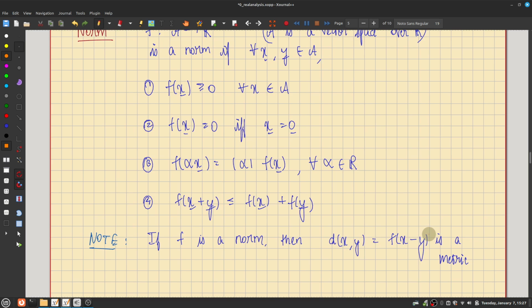But in order to define a metric, the underlying space need not necessarily be a vector space. In this case, it has to be a vector space because we need the notion of a zero vector, and we also need this notion of scaling and addition. So linear combinations in general.